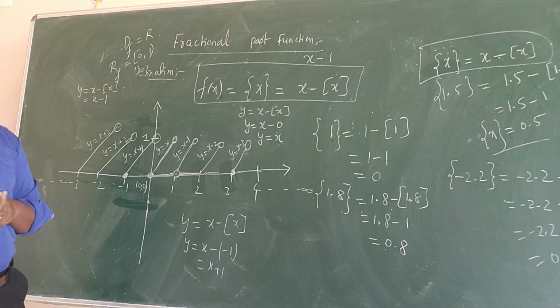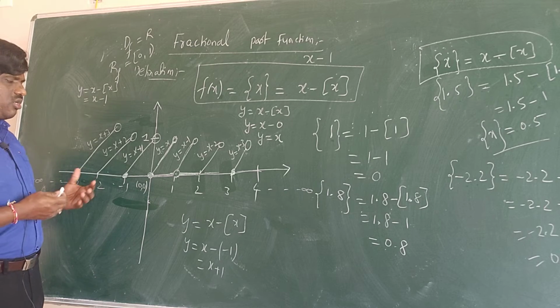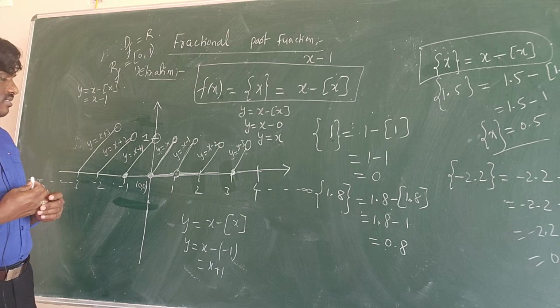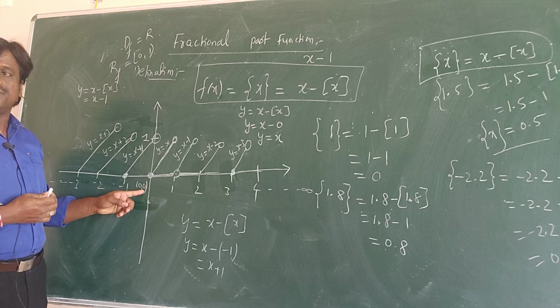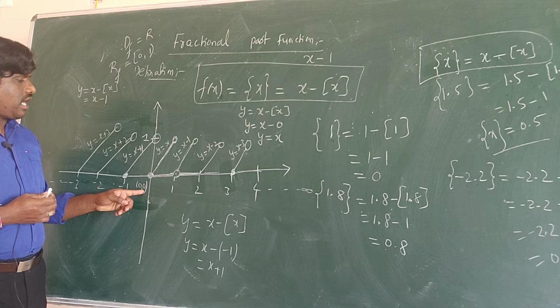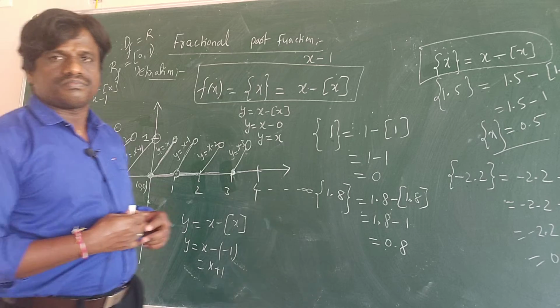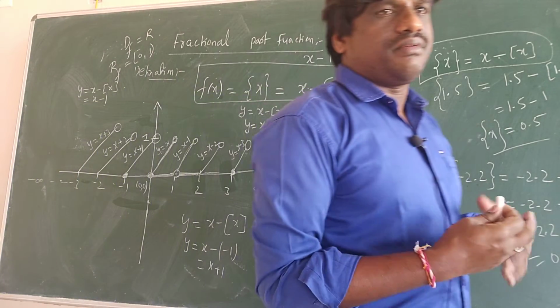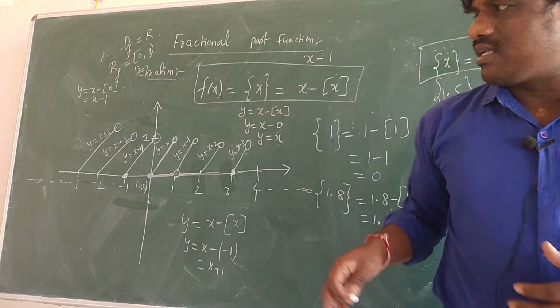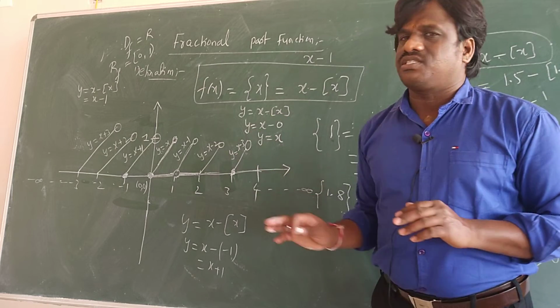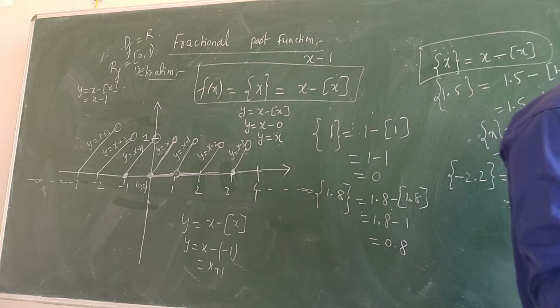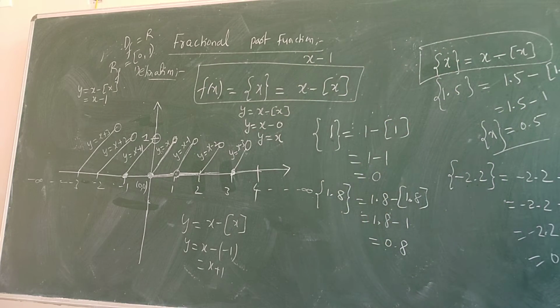There is another approach also. If you know straight lines, you have a point (0, 0) and you can take one more point, and get the two-point line equation. But here we are discussing functions, so this is the right approach using the greatest integer.